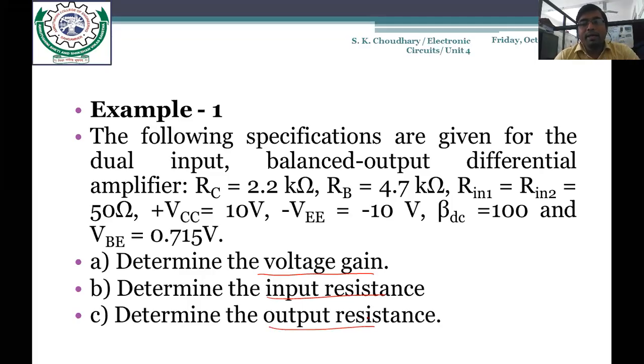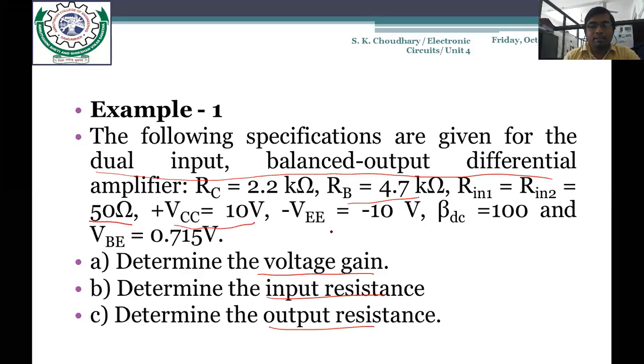So the specification is we are taking dual input. Everyone note down this numerical. Dual input balanced output differential amplifier, which has the collector resistance RC 2.2 kilo ohm, RB is 4.7 kilo ohm, and the input resistance of both the transistors, R in 1 and R in 2, is 50 ohm.